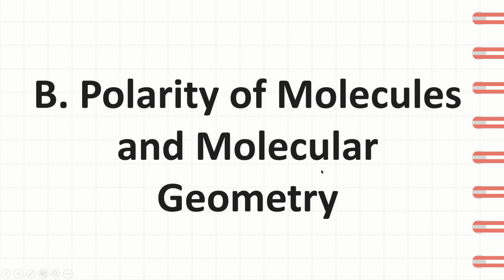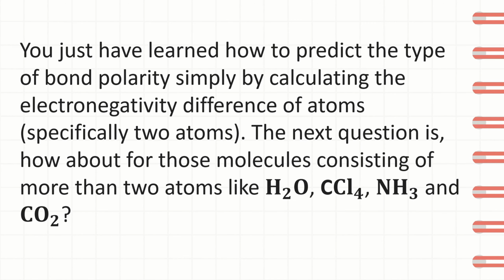Now let's proceed to polarity of molecules and molecular geometry. We will not really go deep on molecular geometry. We will go to the symmetrical shape of atoms that bond together. You have just learned to predict the type of bond polarity simply by calculating the electronegativity difference of the atoms, specifically 2 atoms.